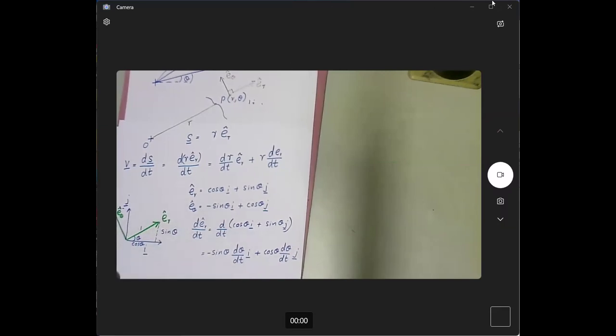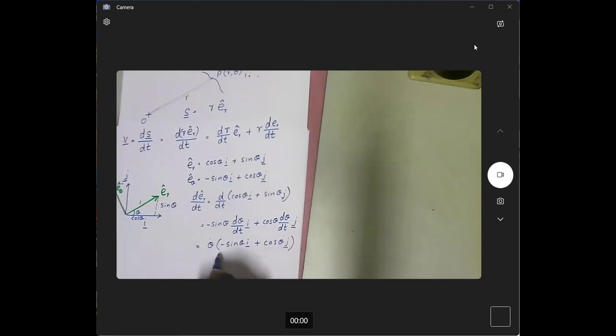They are fixed vectors, so differentiation of di over dt and dj over dt is 0. Then what we have here? Theta dot times minus sine theta i plus cos theta j. What is this quantity?